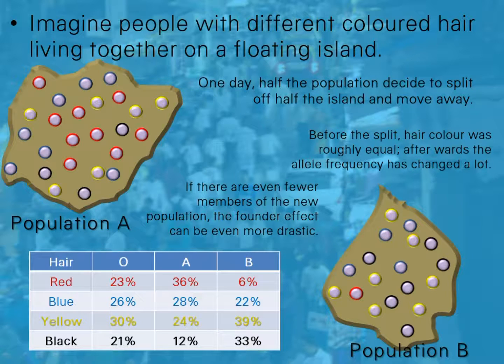So, if you imagine that just 2 people left the island on their own, maybe a black-haired person and a yellow-haired person, and they go off and start their own new population, well, population C, let's say, would be 50% black, 50% yellow, 0% red, and 0% blue.